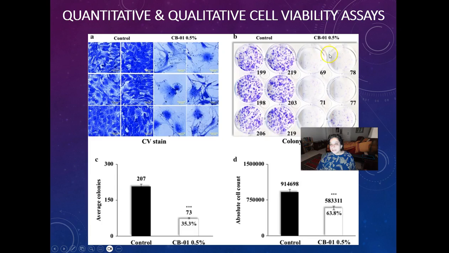Here in B, they're using another assay, which is called a colony assay. You seed the cells at super low concentration, so they have plenty of place to grow. Then as they divide, they start to look like little tiny colonies, and you count the number of colonies present in your sample. This could be just cells growing on a tissue culture treated plate with nothing different.